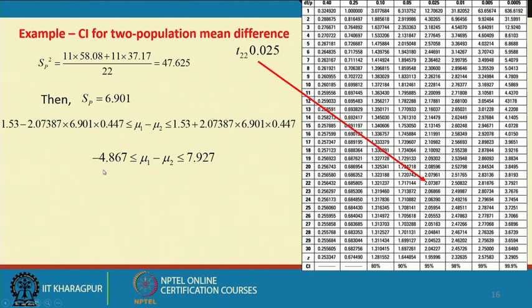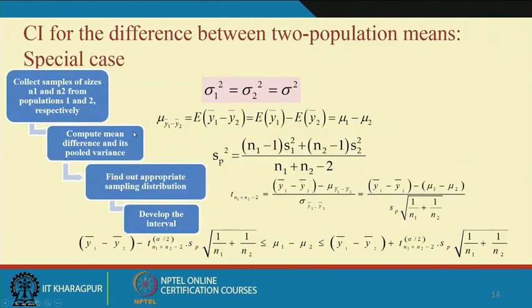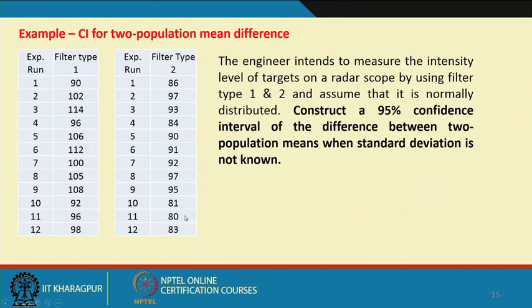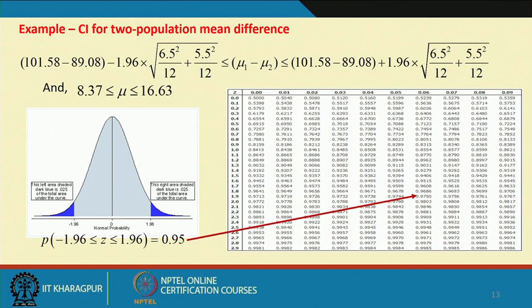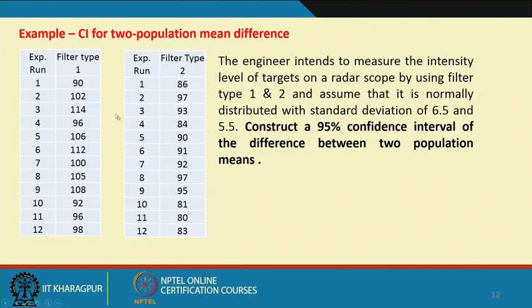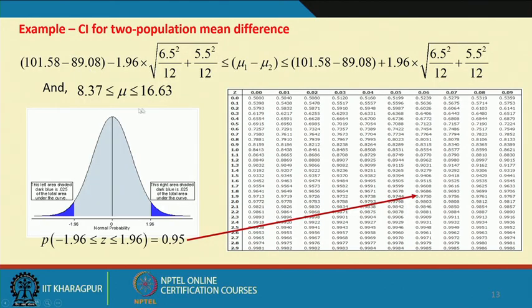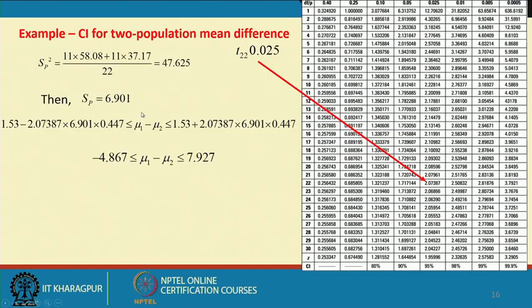Okay. So Sp is this, and 1 by n1 plus 1 by n2, with 12, means 1 by 6, t is this value, and y1 bar minus y2 bar, the same example we have taken. y1 bar minus y2 bar is 12.56. Okay, so there is a calculation mistake.